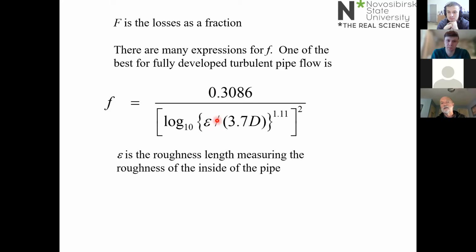And that equation is good enough to show the basic features of the friction that we need. One important one of those is that for a given roughness, the friction decreases with increasing diameter. Okay.